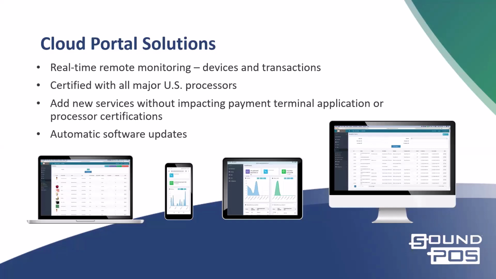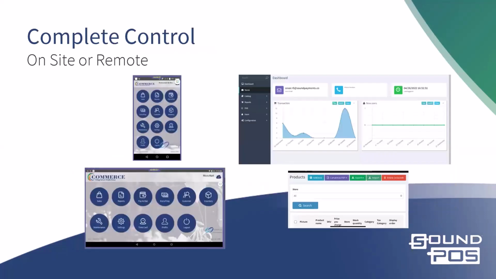We are certified to work with all major processors. And again, because it's backed up on the cloud, everything can be done remotely, even updating firmware without disrupting the functionality of the device. We have two different types of devices in terms of the way that the layout is on the screen. We've got the handheld devices, which are the ones you see on the top, and it's more of a vertical orientation.